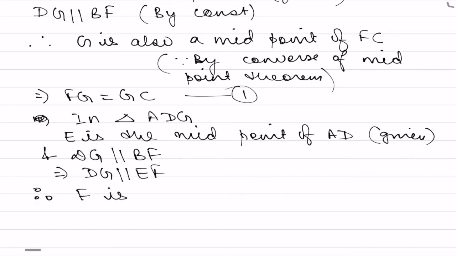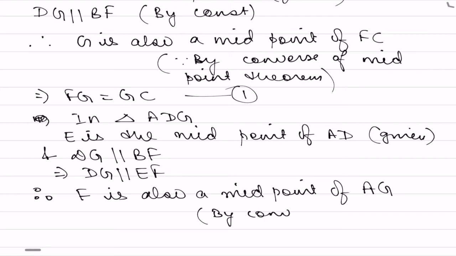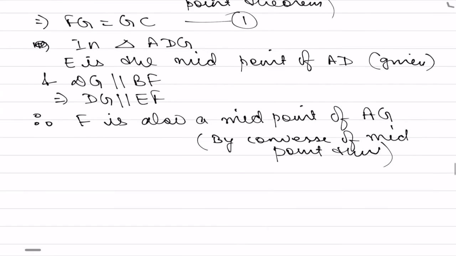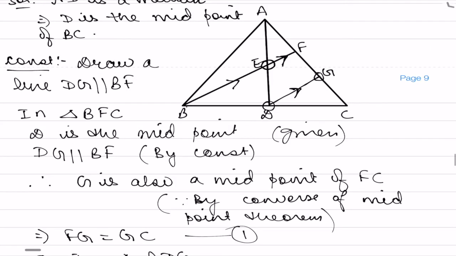Therefore, F is also the midpoint of AG by the converse of the midpoint theorem. So children, here you can see E is the midpoint, EF is parallel to DG, that means in this triangle F will also be the midpoint of AG.